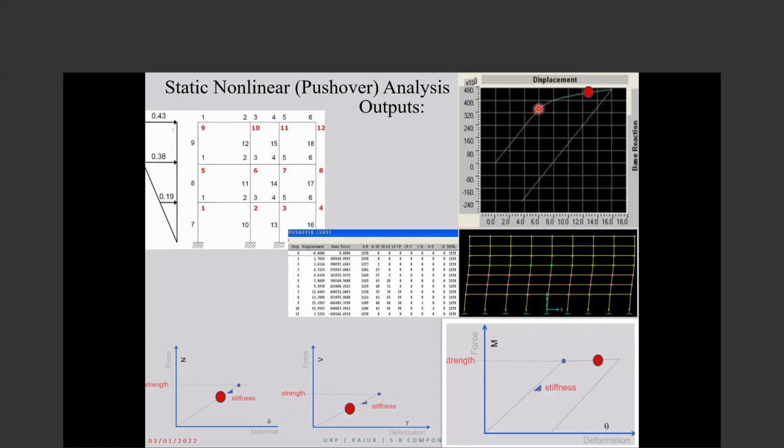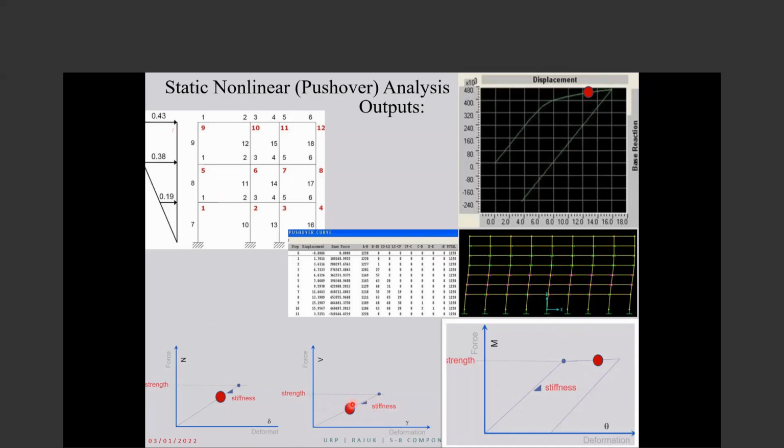Everything is elastic. All of these elements, their actions, when we look at this building, we see just force control and deformation control actions. As we push, their demand increases, they have one capacity or many different demands based on the level of applied loads.